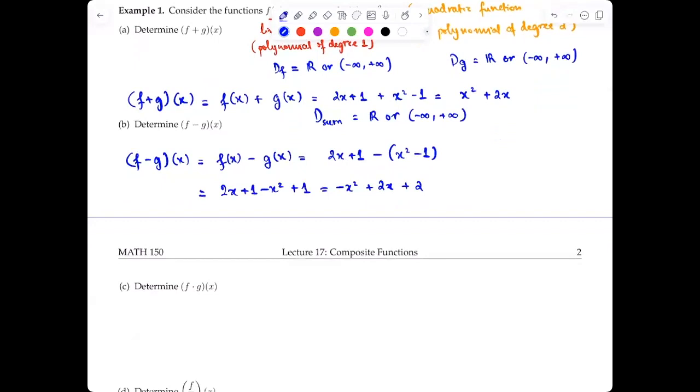And the domain of this function, again, is the intersection between the domain of f and the domain of g. So the domain of a difference is all real numbers, or from negative infinity to positive infinity. Good.